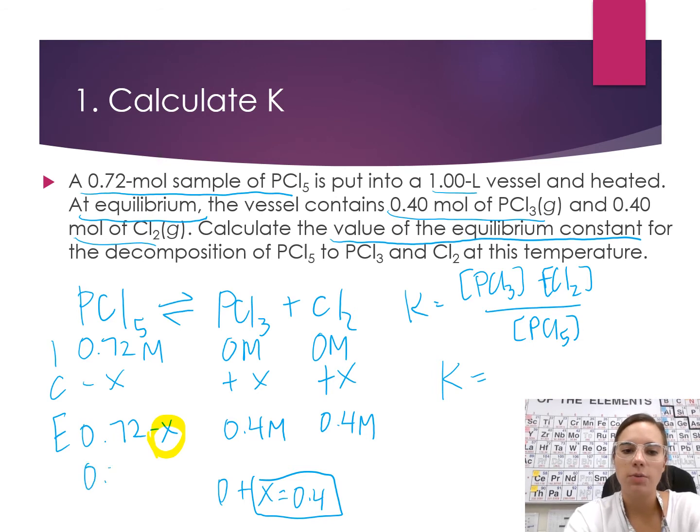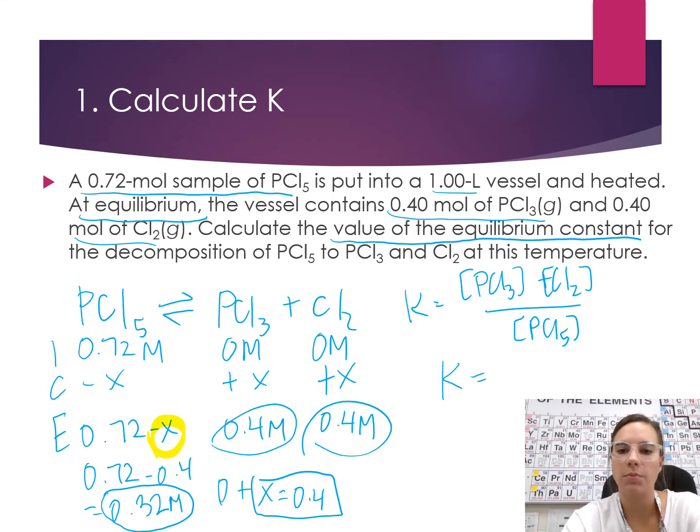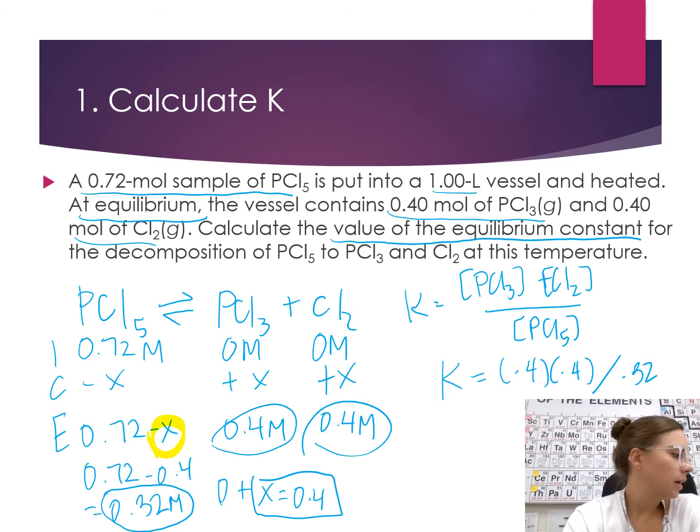So then 0.72 minus 0.4 is 0.32. So now I know all of my equilibrium concentrations and I can plug them in. 0.4, 0.4 divided by 0.32. And when I do that math, I get 0.5.